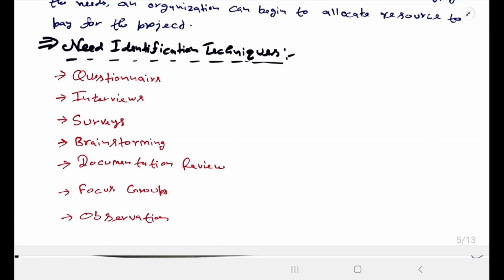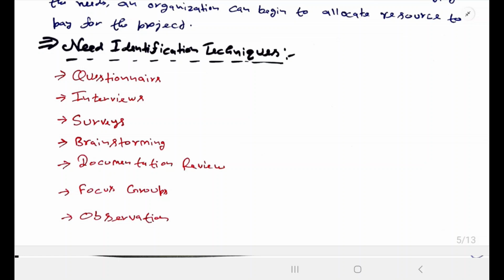The next one is documentation review. Documentation review means there are some completed projects related to our present one, we will take the documentation of the previous completed projects and gather the information and find the needs from them.